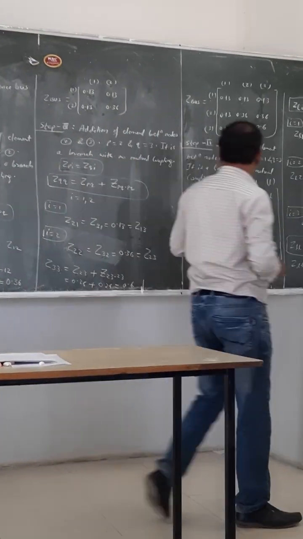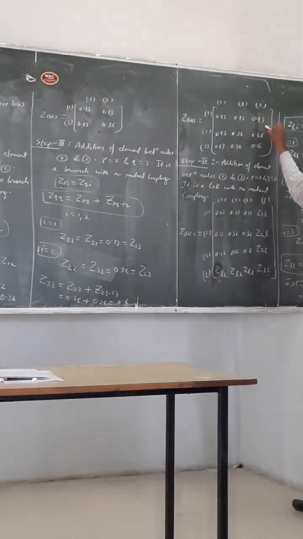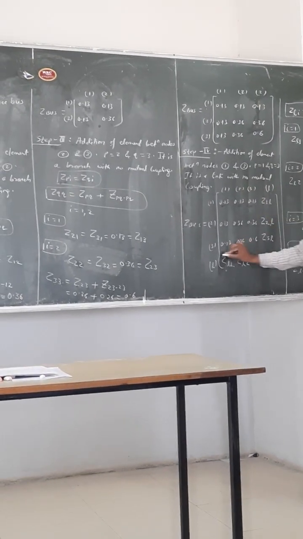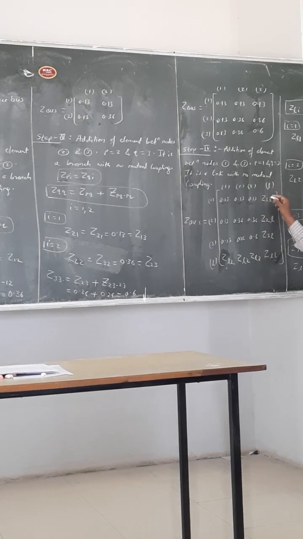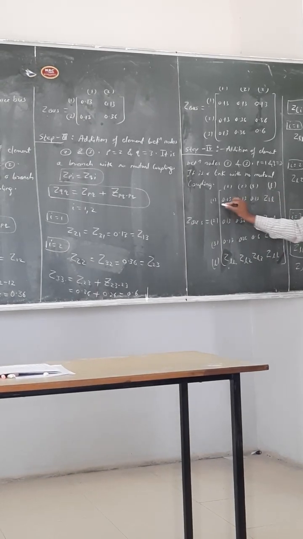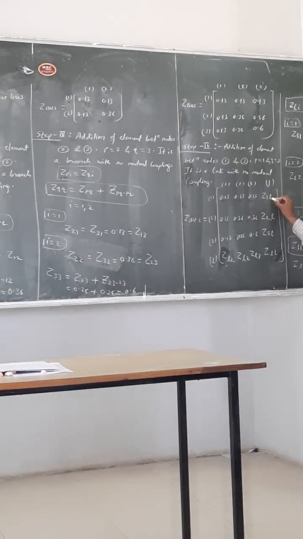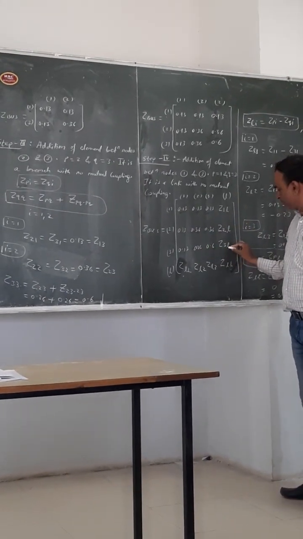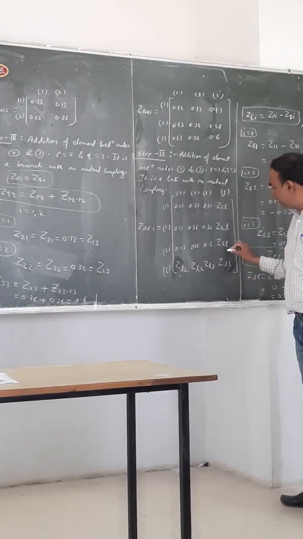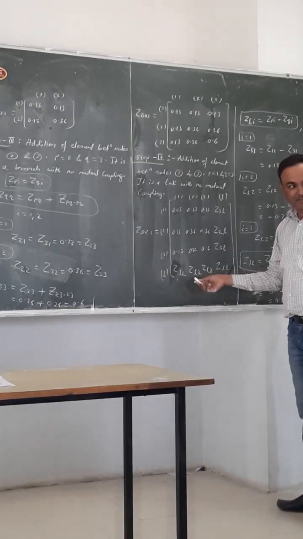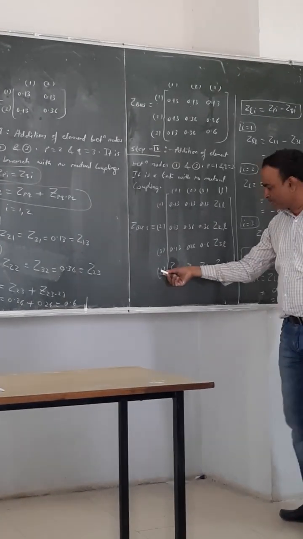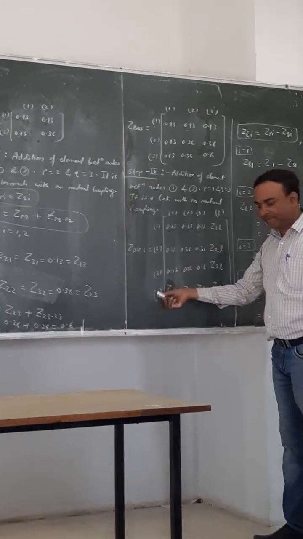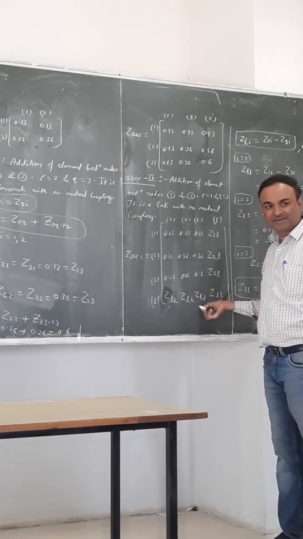So now write this matrix as it is and add the new element link. So we can write here Z1L, Z2L, Z3L, ZLL. And here we can write ZL1, ZL2, ZL3. Is it clear? Yes.